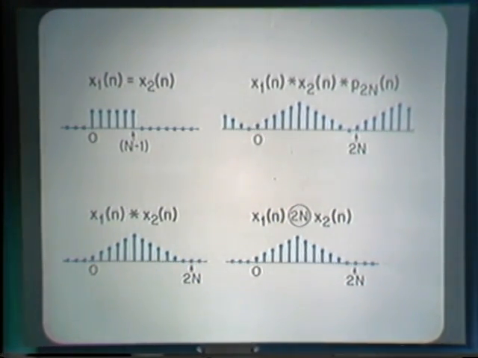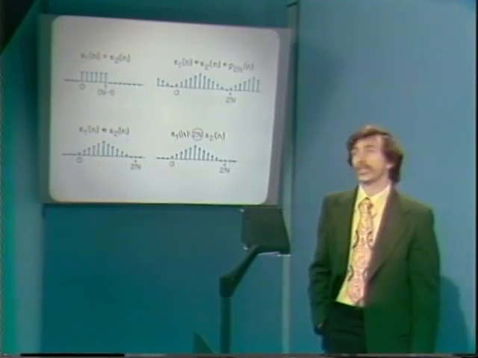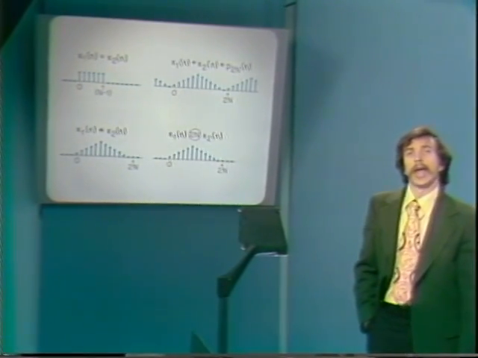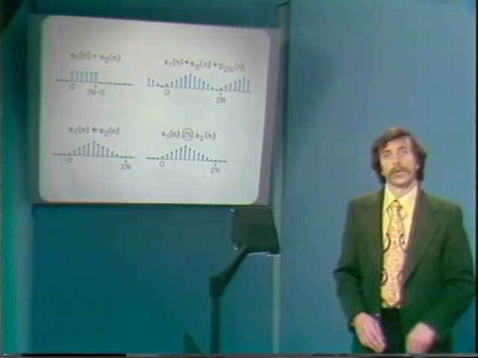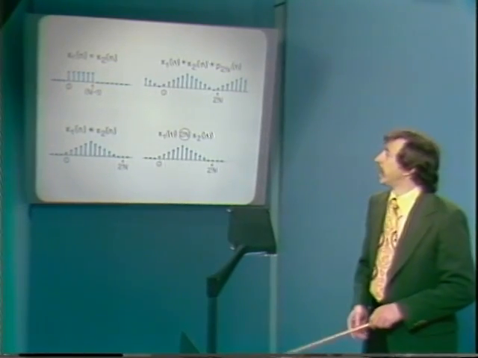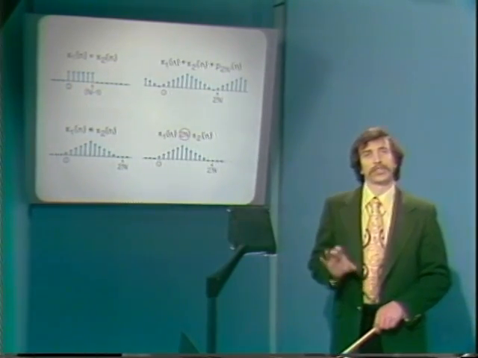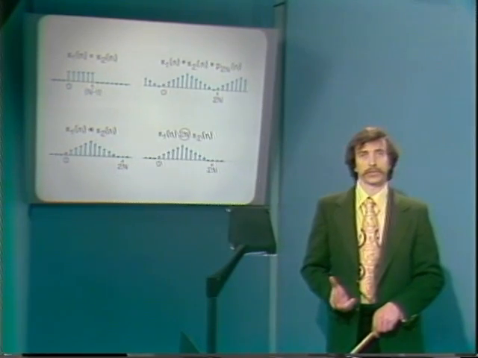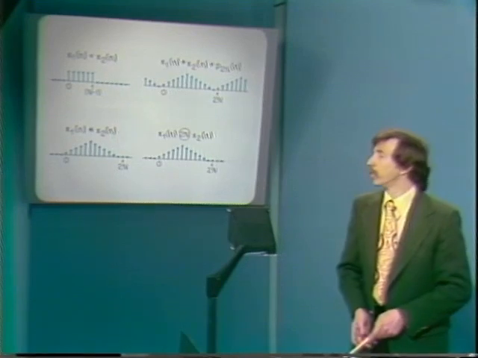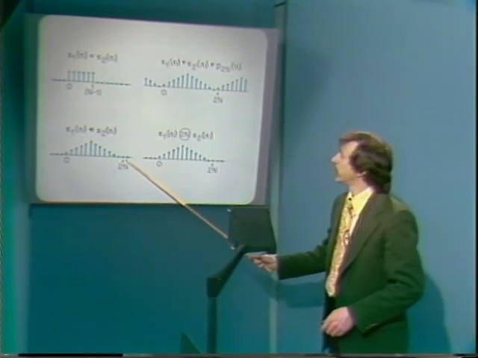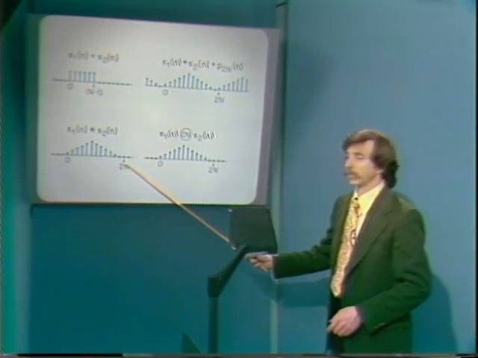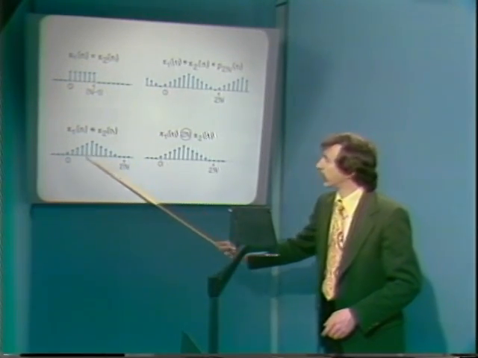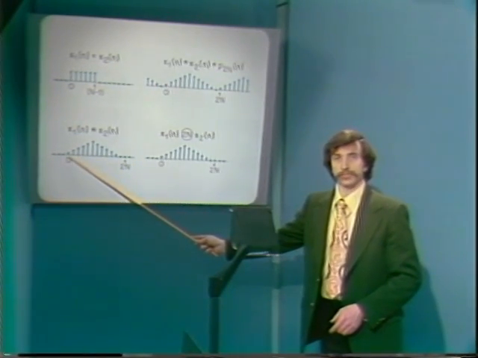Well, that suggests an interesting thing. It suggests that we could, in fact, implement a linear convolution from a circular convolution if we're careful enough to pick the length of the circular convolution long enough. Now, what does long enough mean? Long enough means that the length of the circular convolution has to be longer than the length of the linear convolution.